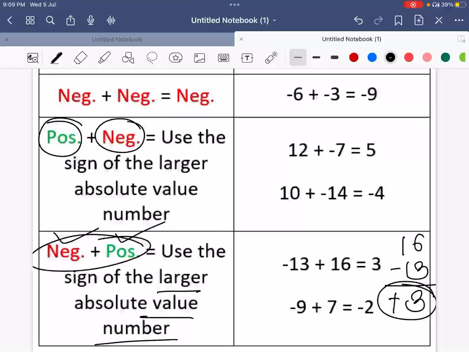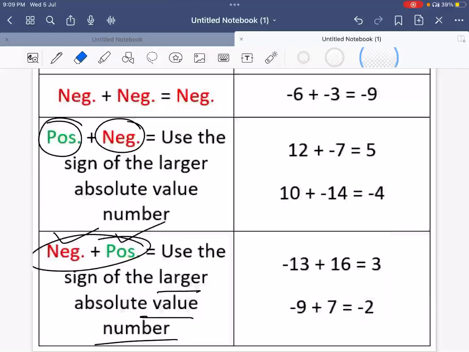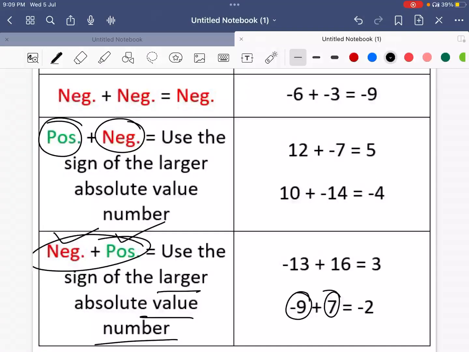Just like this one, solve the second question, which is minus 9 and plus 7. So let's see, 9 is the bigger term and 7 is the smaller term. So what we have to do, as per the previous one, is simply take a subtraction. 9 minus 7, your answer is 2.